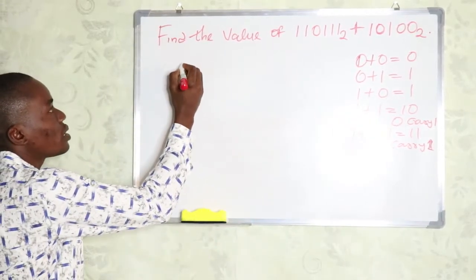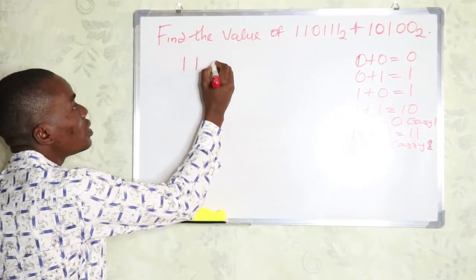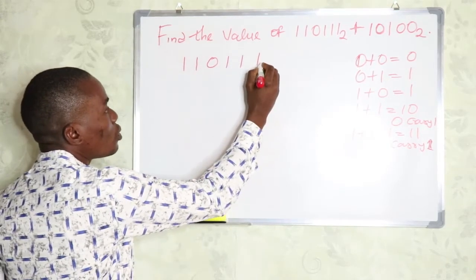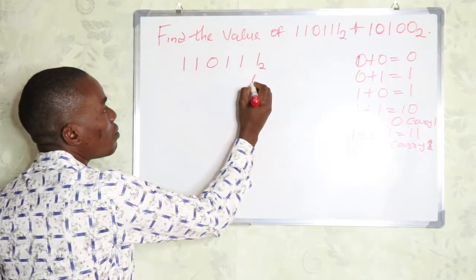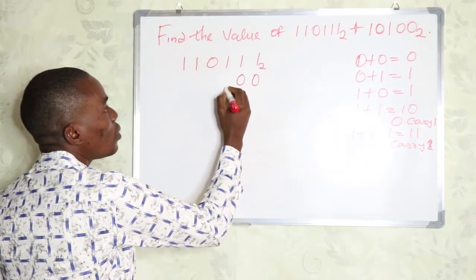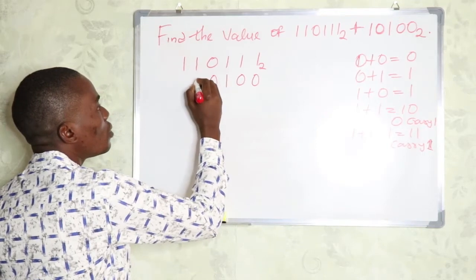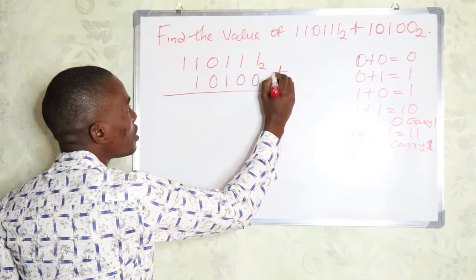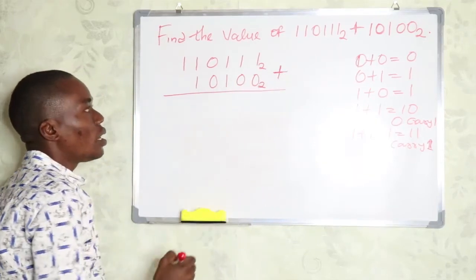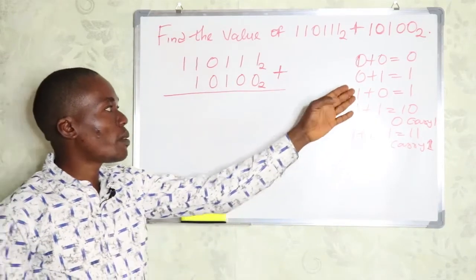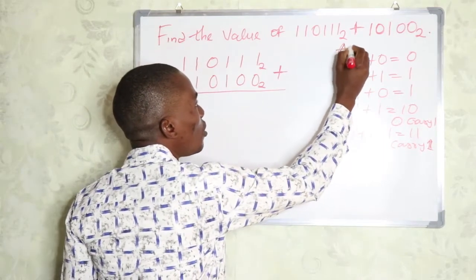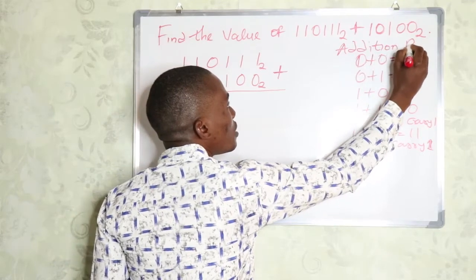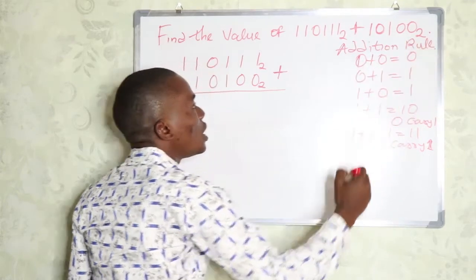So these are the rules we are going to use as we solve these questions. Now let's go about it. We have 110111 in base 2. The other one, we have 010100 in base 2, and we are asked to add these two numbers. This rule is what we call the addition rule in number bases.